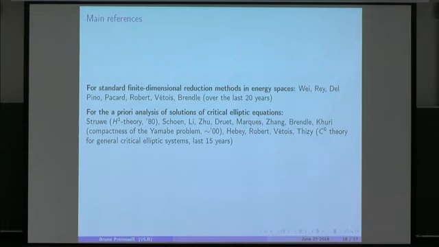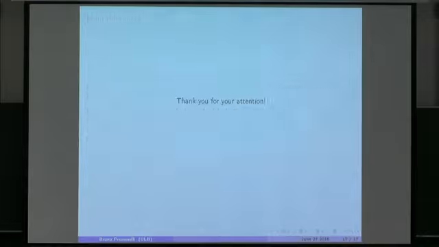It started with an H1 theory in the 80s by Struwe, and then lots of people, among which Li, Zhu, Druet, Marques, Zhang, Simon Brendle again, Khuri, investigated the compactness of the Yamabe problem. In a parallel way, people like Hebey, Robert, Vétois and Thizy applied and developed the same techniques to understand the general blow-up behavior of critical elliptic systems. So I needed to quote them, and I think that's all that I wanted to say.